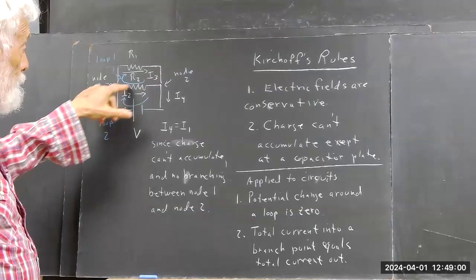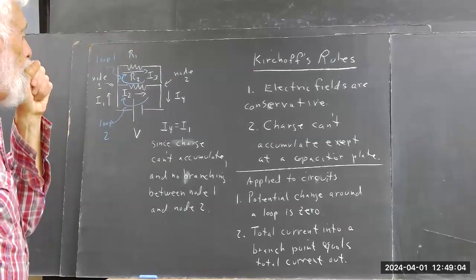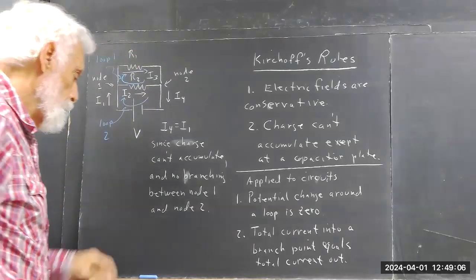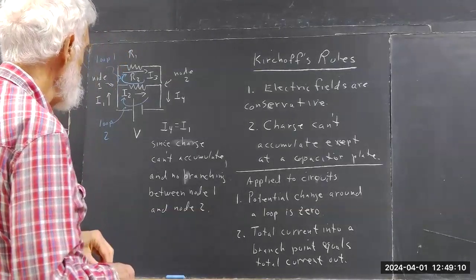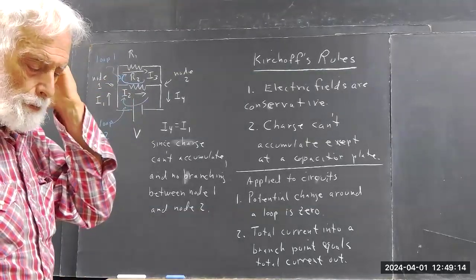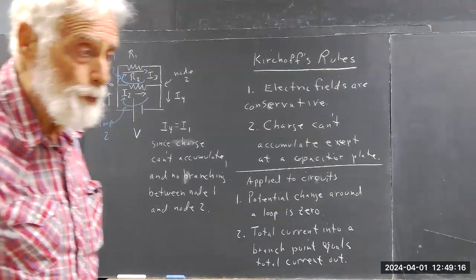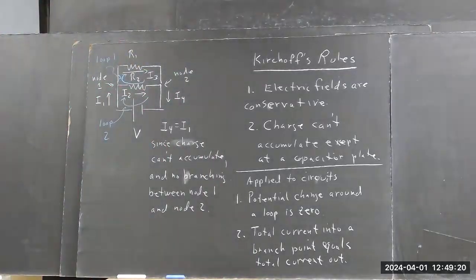The same is true for this loop, and the same would be true for this big loop. Now, what's the total voltage drop across that top loop? Well, you want to first write the expressions for the voltage across each of the two resistors.